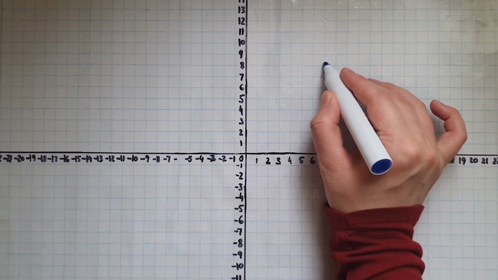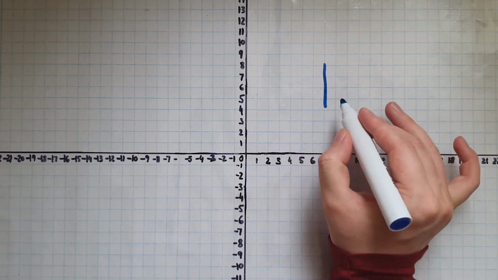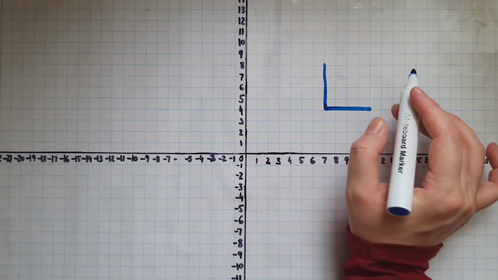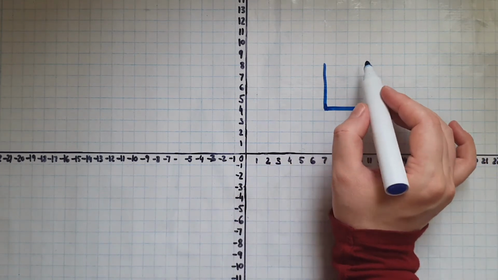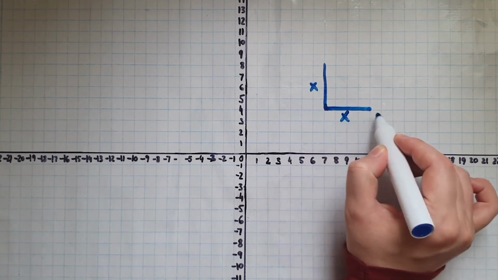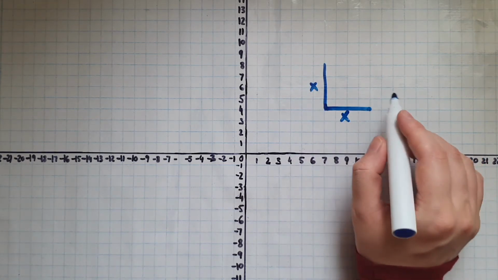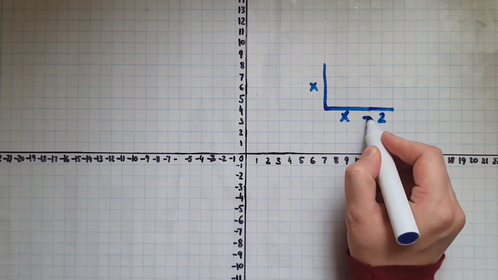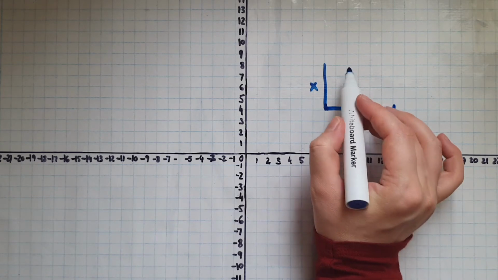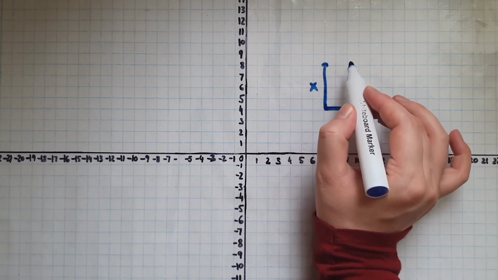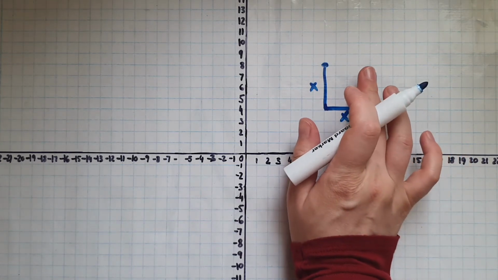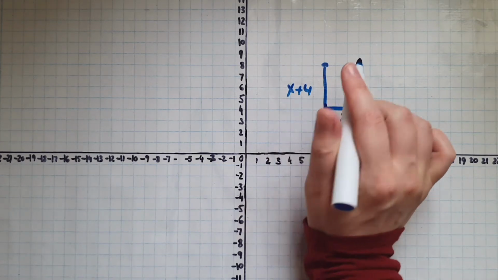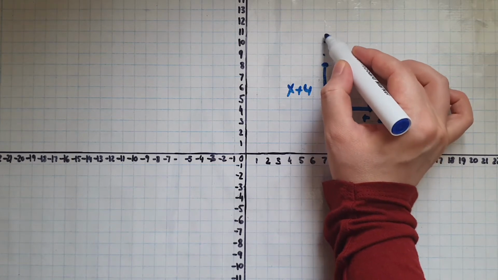So if we think of the dimensions of this rectangle being x, which is unknown, plus 2, so x plus 2, and x plus 4 maybe. So here is x and another 4: 1, 2, 3, 4.